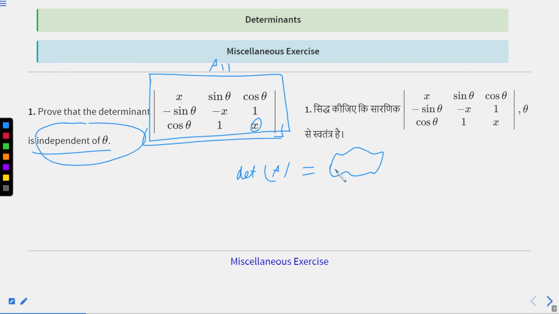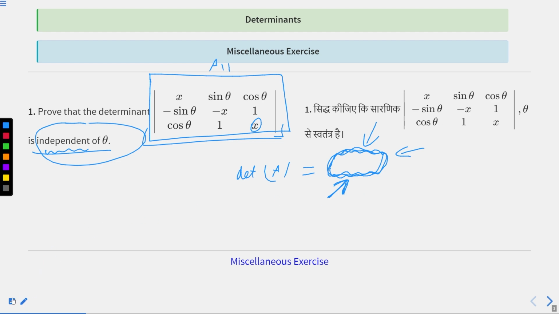Whatever expression or number you get, you will not have theta in it. That's what is meant by independent of theta. There will be no theta here.